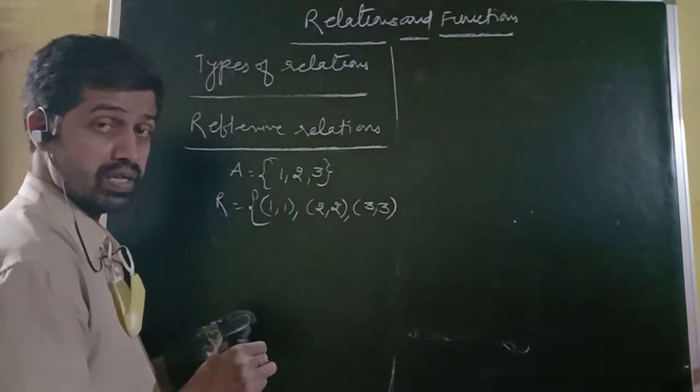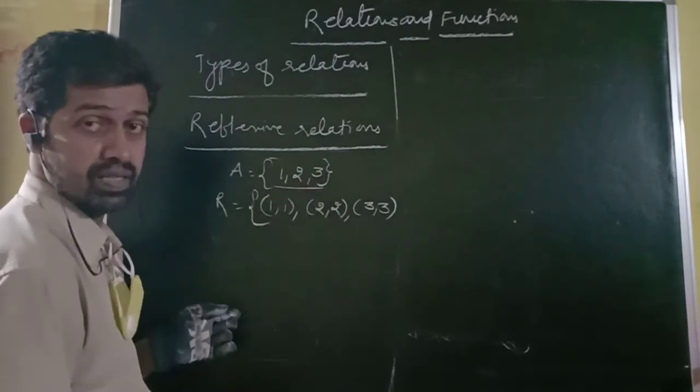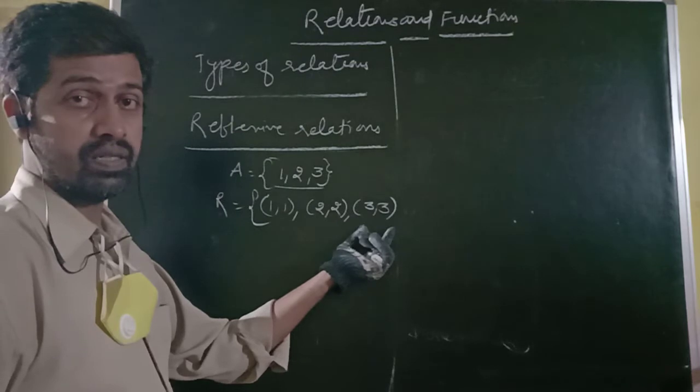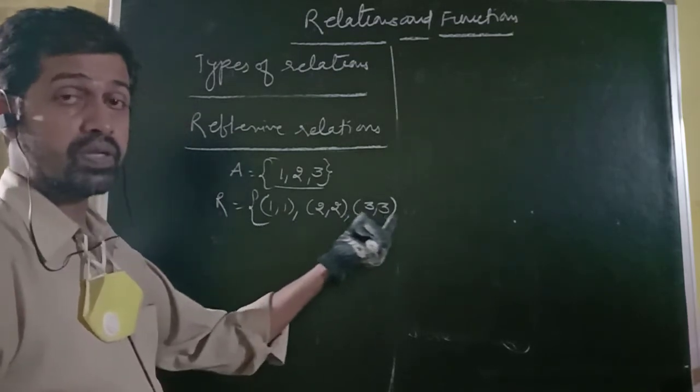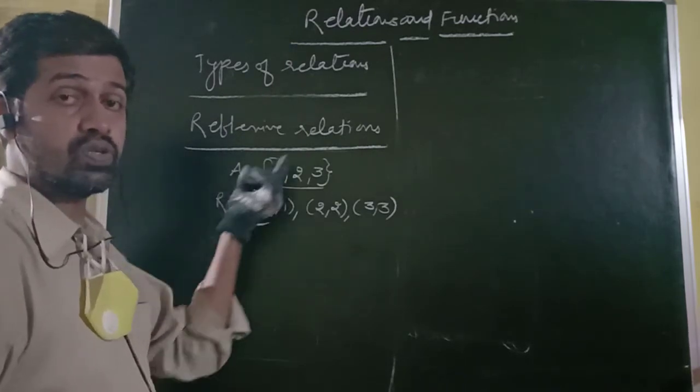And this condition compulsorily holds for all elements. That means if 3 comma 3 is not there, these two are there but 3 comma 3 is not, then we will say that this is not a reflexive relation on this set A.